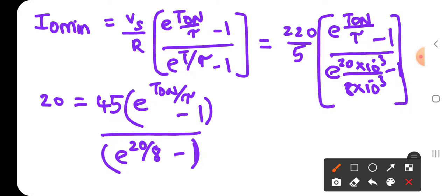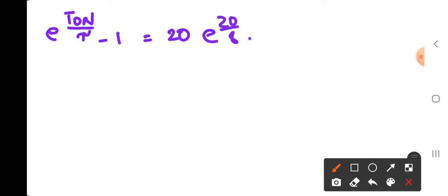Okay. Then here we can also write this equation as: find e power T on by tau minus 1. How much is this value? e power T on by tau minus 1 is equal to 20 into e power 20 by 8 minus 1, divided by 44.